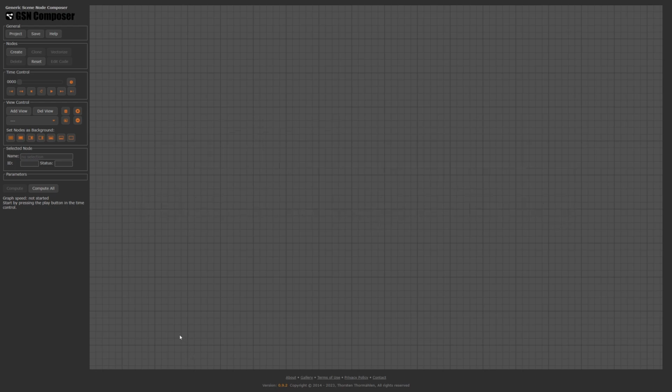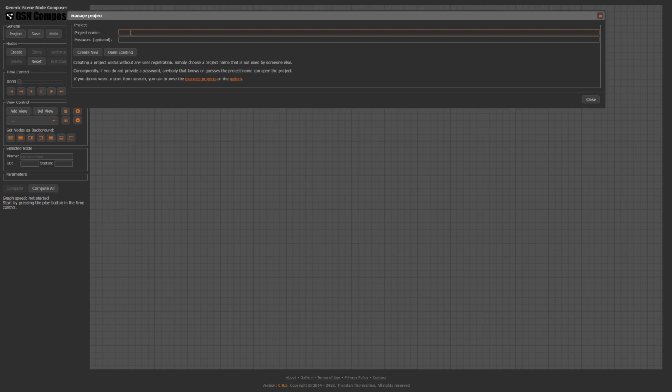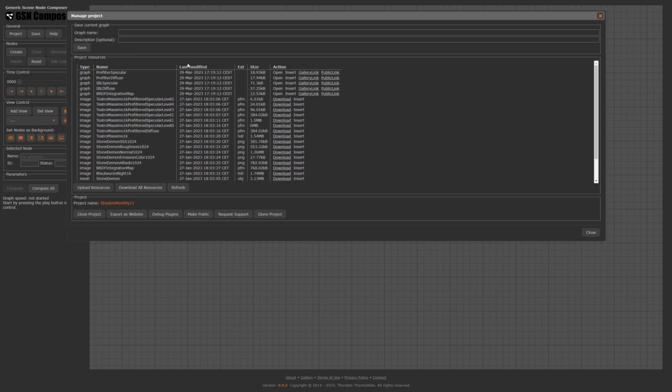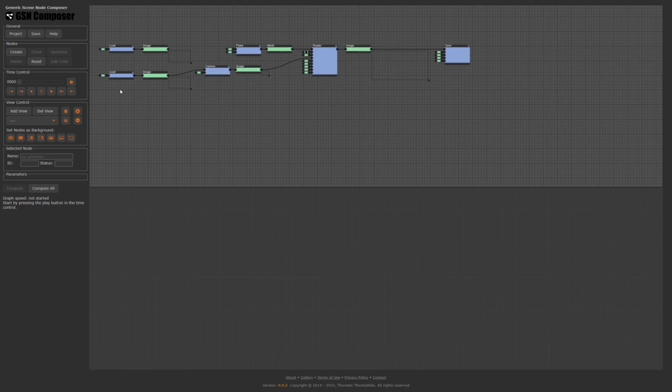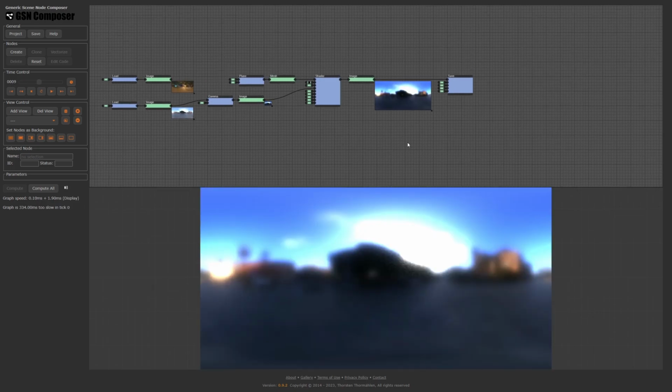The implementation is based on our example from episode number 11, in which we performed image-based lighting by computing a pre-filtered environment map. Click Project and type in the project name Shaders Monthly 11 and click Open Existing. Then open the graph Prefilter Specular and press play in the time control panel.